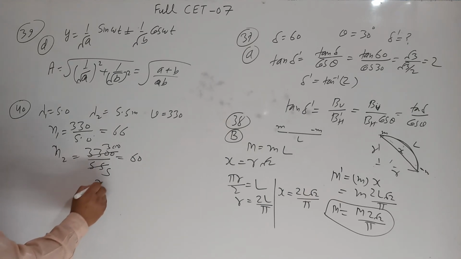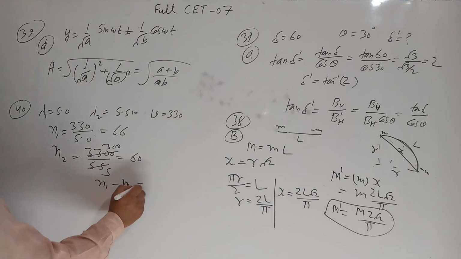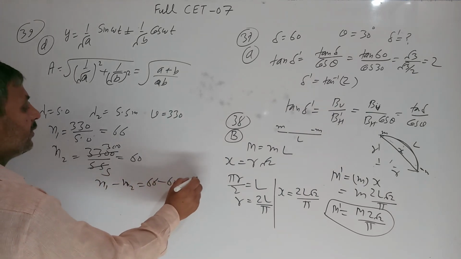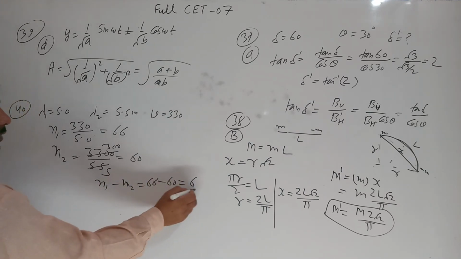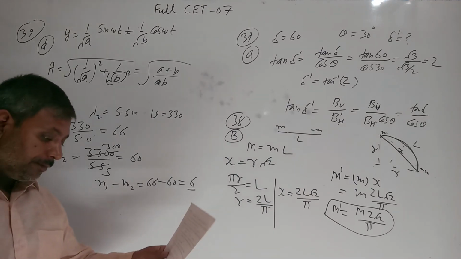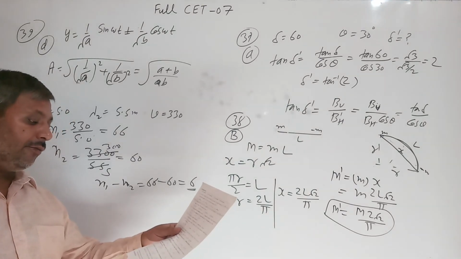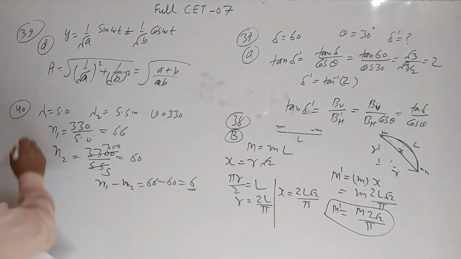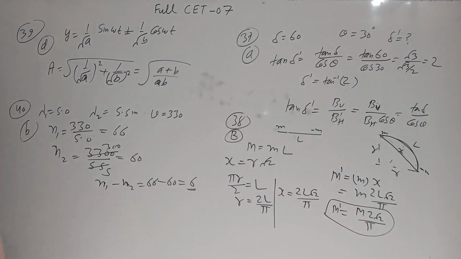So beats are n1 minus n2, 66 minus 60, which is 6 beats. So the number of beats per second will be 6. Question 40, option B will be the correct one.